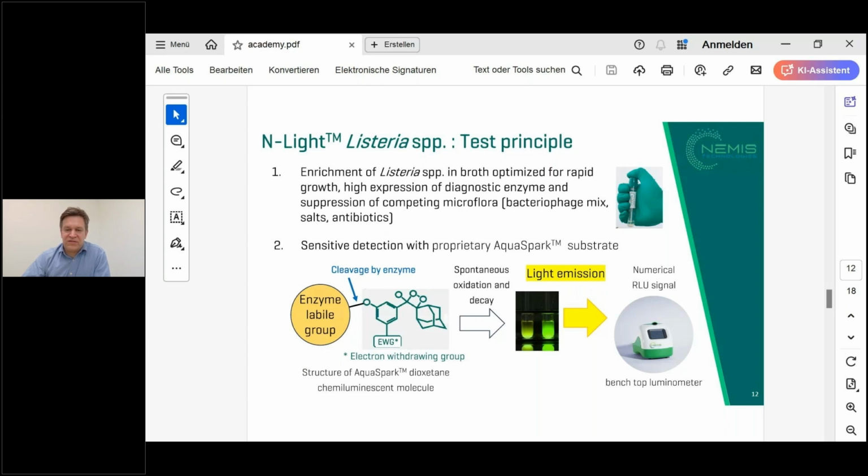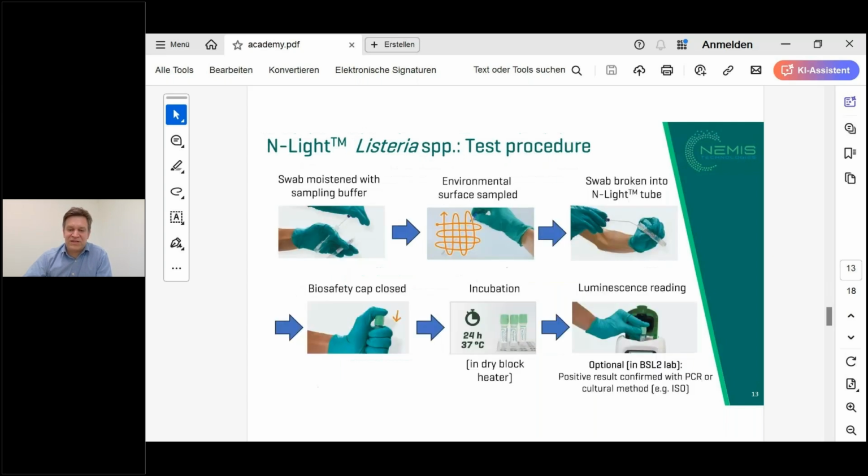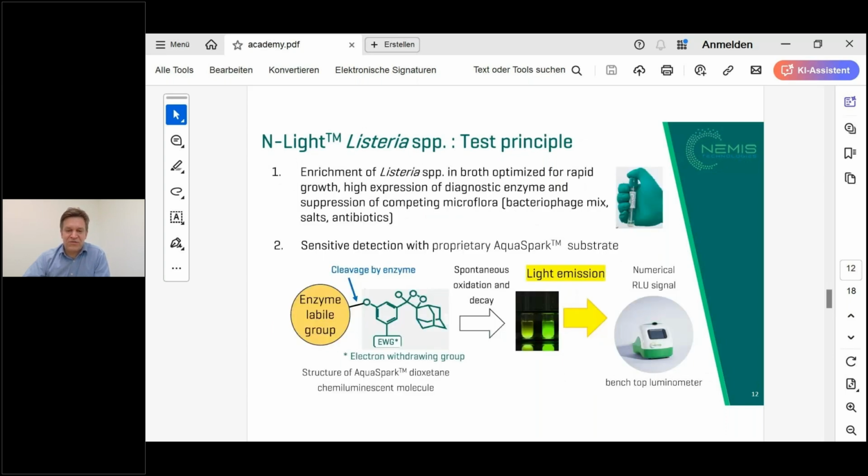Then once the enrichment is finished, we do sensitive detection with this AquaSpark substrate. You see here to the left how such a substrate in principle looks. You have this enzyme-labile group which can be cleaved by the enzyme, and then a specific highly efficient dioxetane molecule which will then spontaneously oxidize and fall apart, decay in the broth, and light is emitted from the energy released by these chemical reactions.